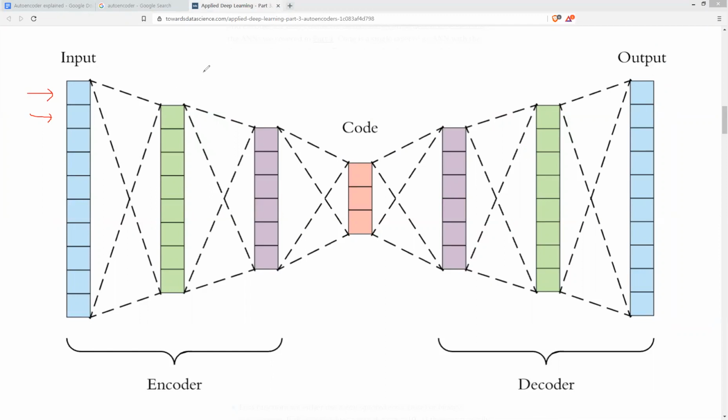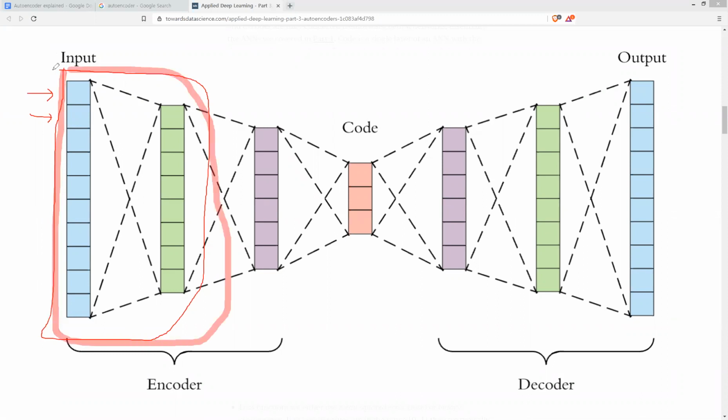What it means is that estimating this entire network at once is extremely difficult. So what Hinton suggested is that we have input, and we estimate this piece first. If we only look at this part, it is called a restricted Boltzmann machine. Once this part is pre-trained, we move to the next piece.